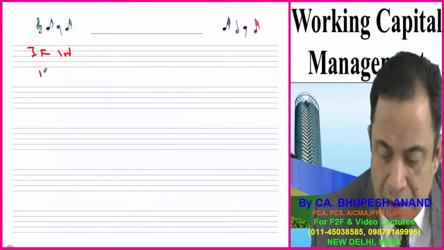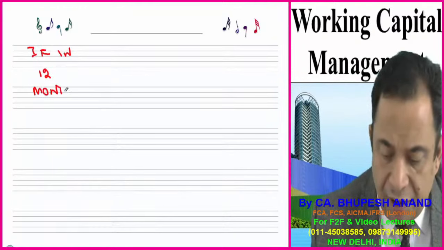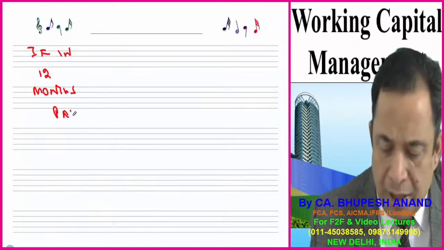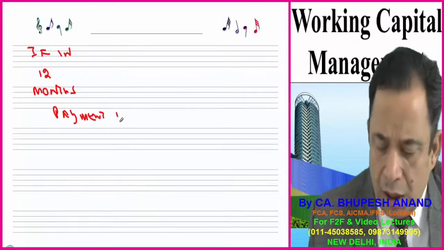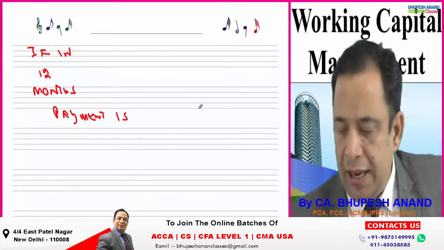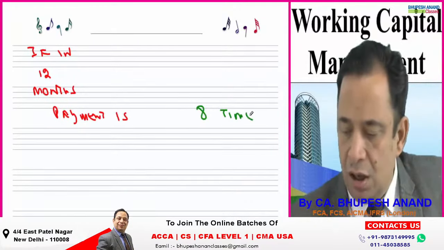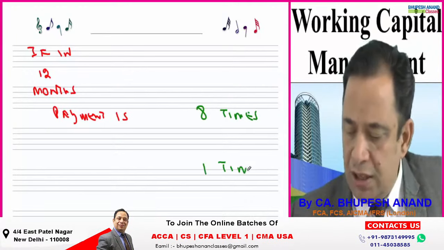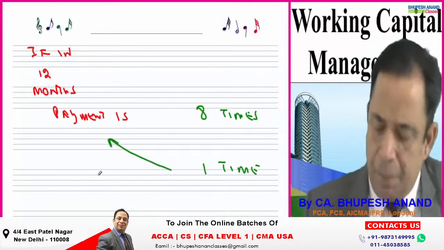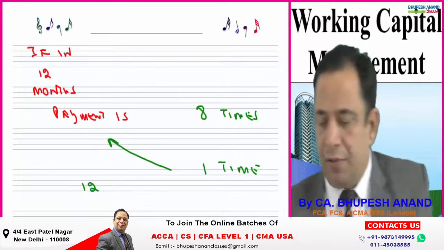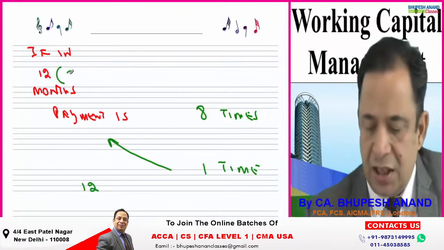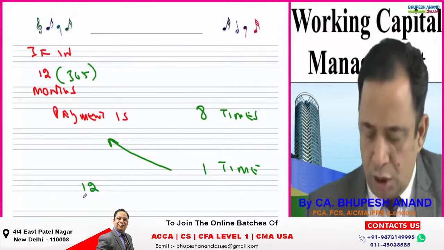It means, what is the gap in one payment? If in 12 months payment is 8 times, then how much is the gap between one payment? I can say 365, but it will be better if I use 365.